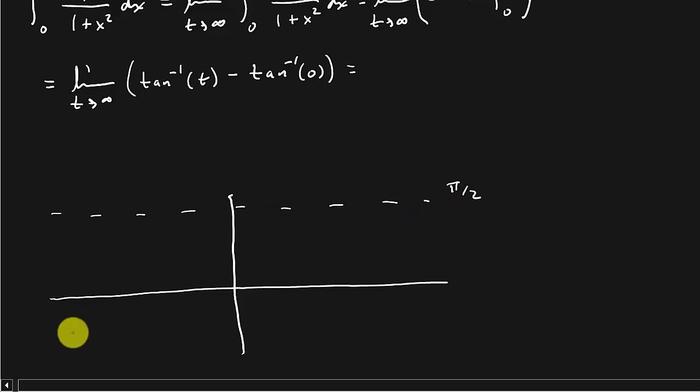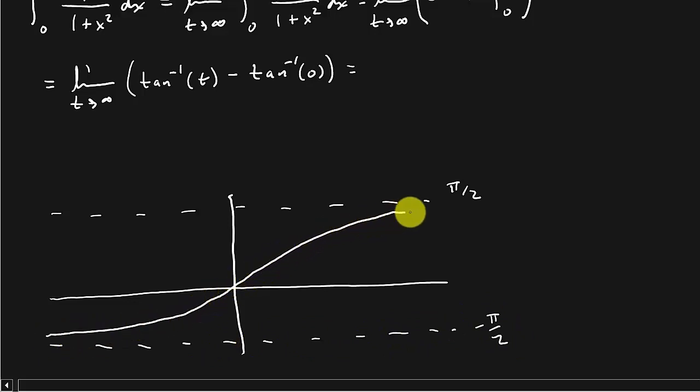This is pi over 2, this is negative pi over 2, and the graph of inverse tangent looks like this. So we can see as t goes to infinity, inverse tangent is approaching pi over 2. So that's pi over 2 minus, and then the inverse tangent of 0 is 0. And so that's pi over 2.